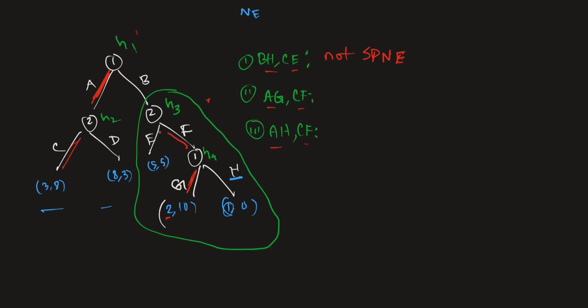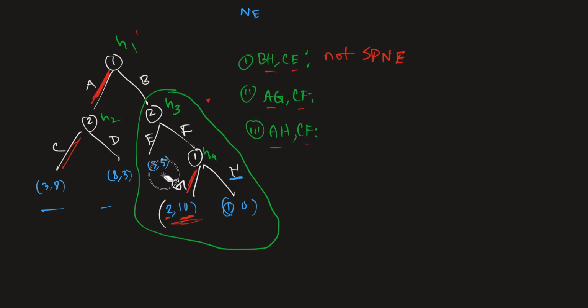Why? Because if player 2 changes his decision from F to E, then instead of getting 10 units of utility in this subgame, the outcome will be F, G, and player 2 will be getting 10, but if player 2 decides to change his action, then he will get 5 units of utility, so his utility will decrease.